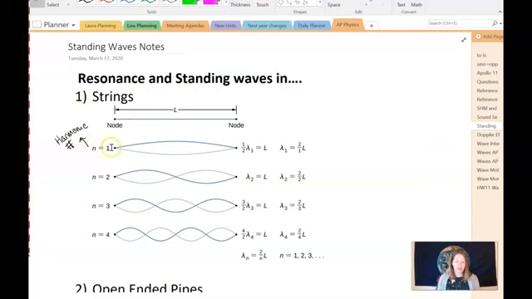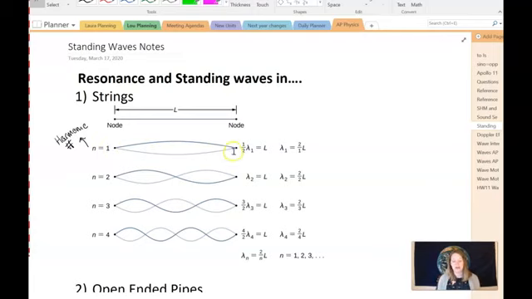So these are discrete, specific numbers of, in the case of a string that's fixed at both ends, half wavelengths that can fit in the length of the string. So the harmonic number is the number of half wavelengths that fit in the string, or the number of fundamentals.